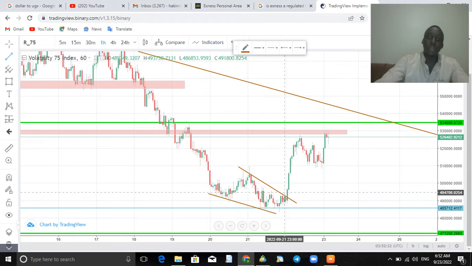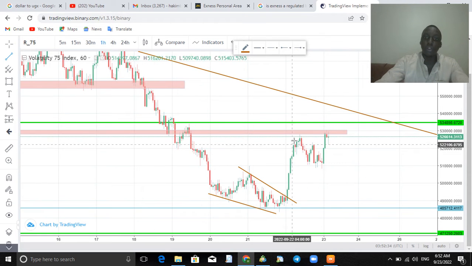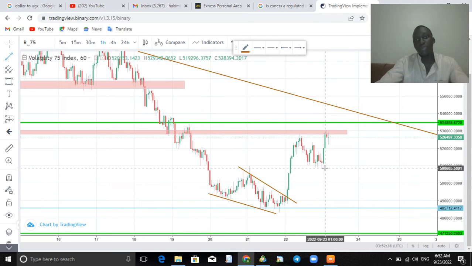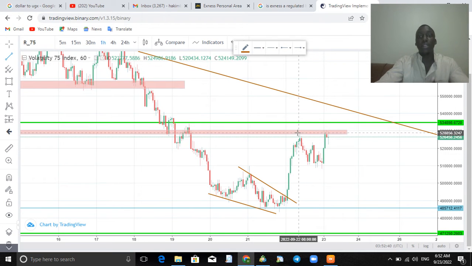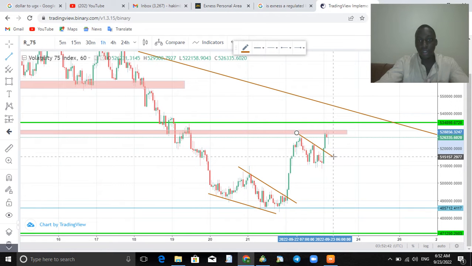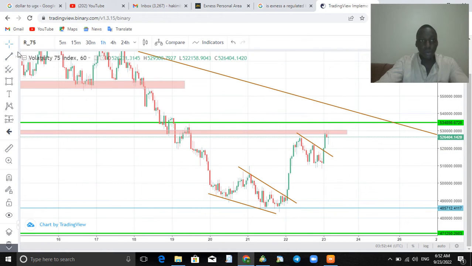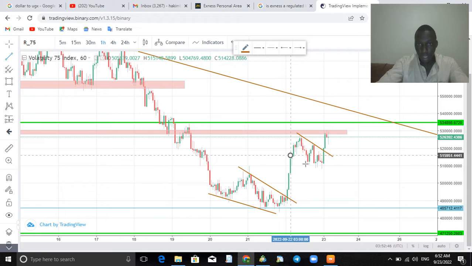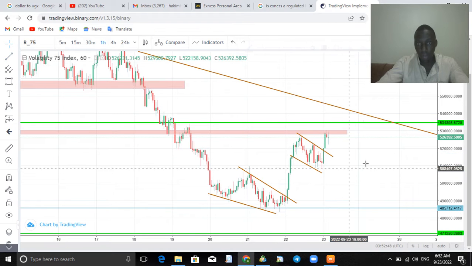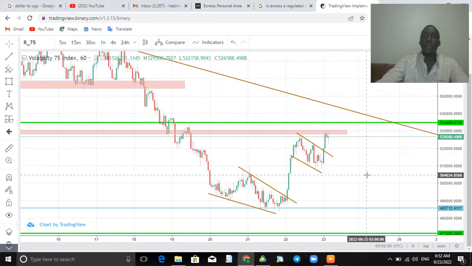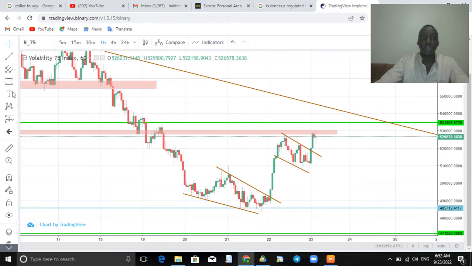So whenever you see the market making an impulse correction move, that means in this consolidation of a corrective move, the market is making a pattern. Now if you try connecting these lower highs and these higher lows, you can clearly see that we also experienced a little bit of a flag.